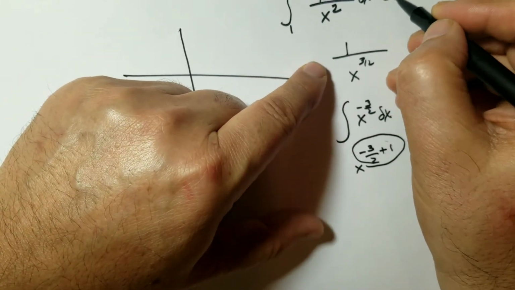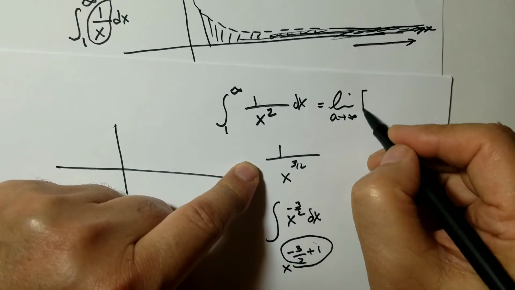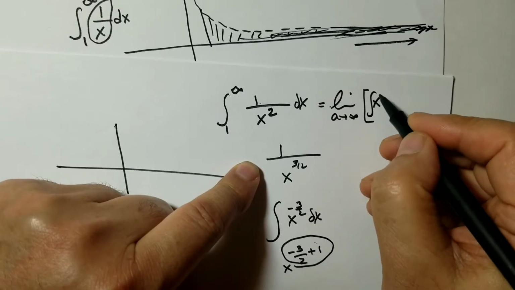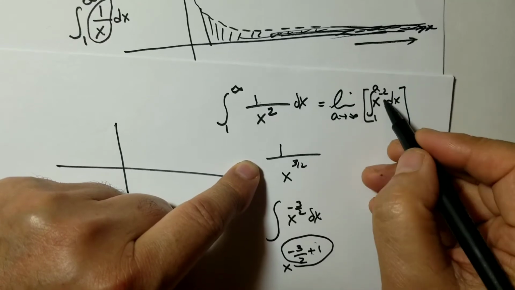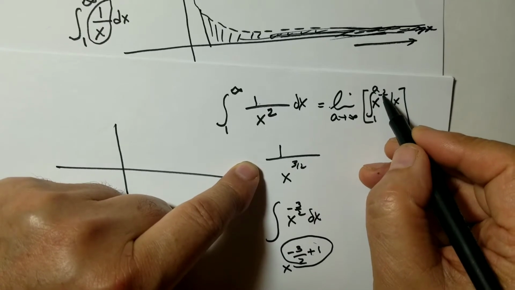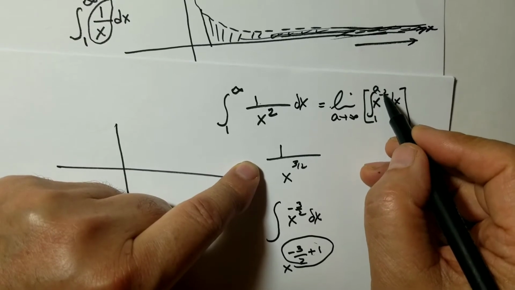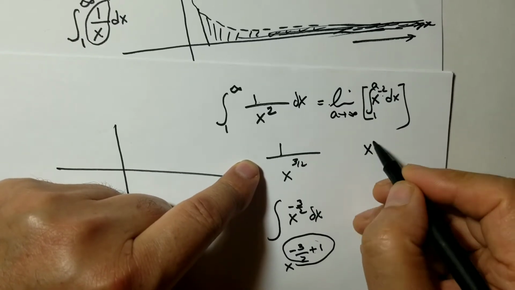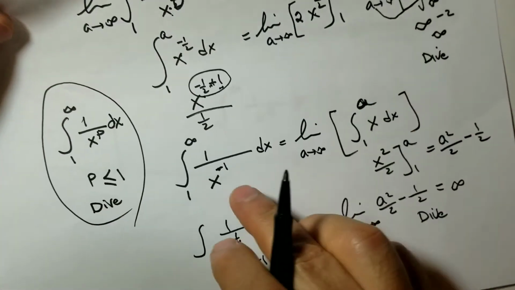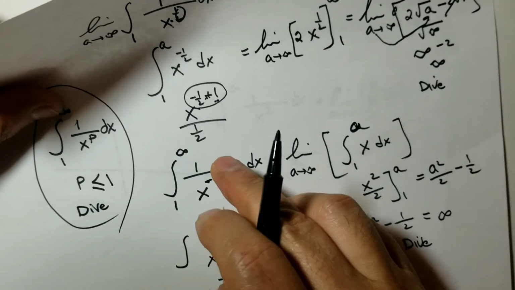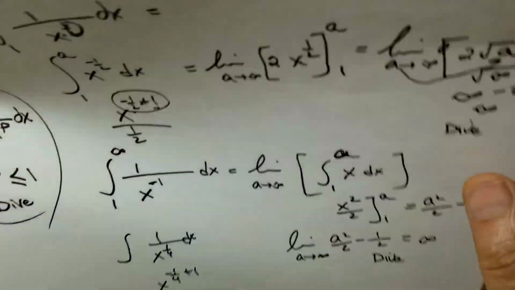And I'm going to write the limit as a approaches infinity of the integral of x to the power of -2 dx from 1 through a. Remember, when I add 1 to this one, it becomes negative. And it has to go down the stairs. Therefore, when I put x to the -2 plus 1, do you remember in this one, when it was less than 1, when you move it upstairs, then you add another 1, it stays positive, you don't have to move it down the stairs.